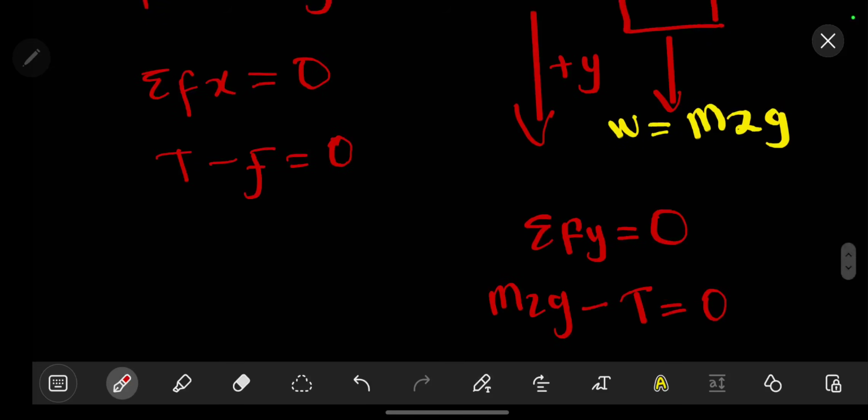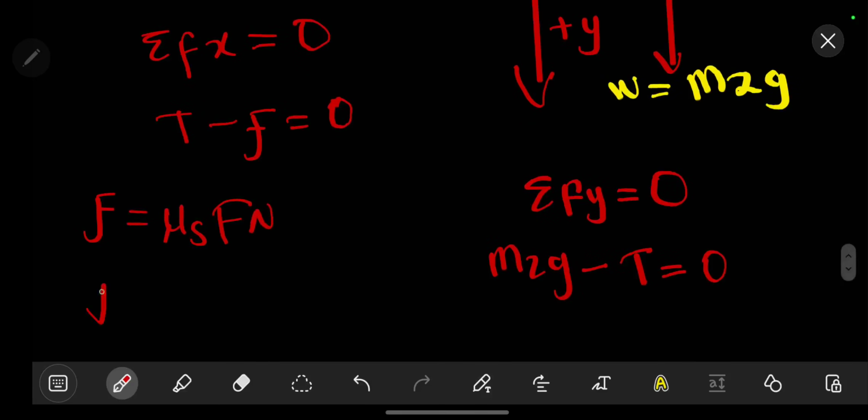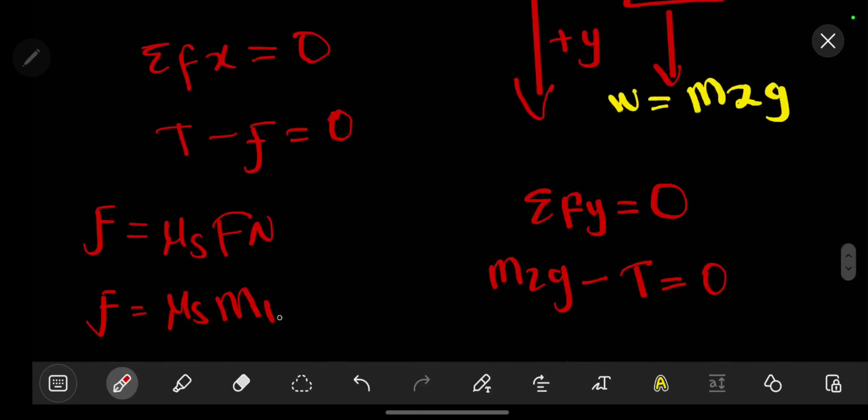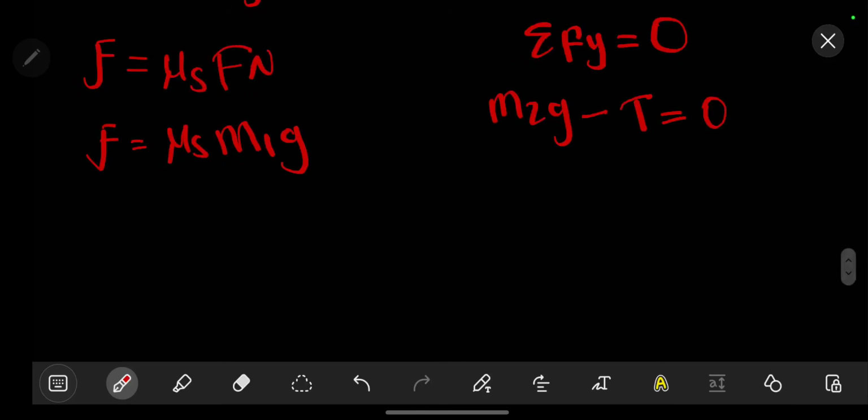Now the frictional force, let's first eliminate the frictional force. According to what we learned in the previous video, frictional force is equal to the coefficient, in this case static since it's not moving, times the normal force. So the frictional force is equal to mu s, then the normal force is equal to m1g, so mu s m1g like that.